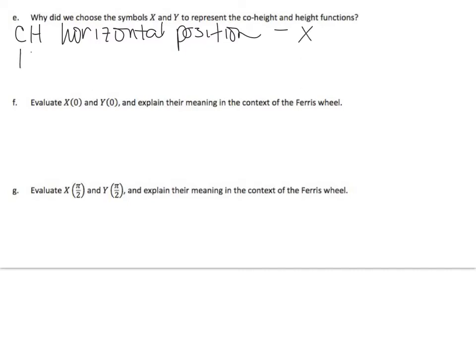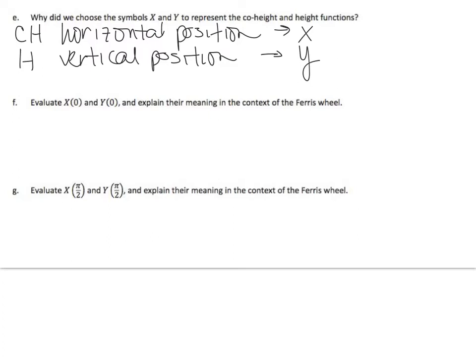The height function measures the vertical position of the passenger car that we typically name y. It makes sense to use x as the name of the function that describes the horizontal movement, and y as the name of the function that describes the vertical movement.